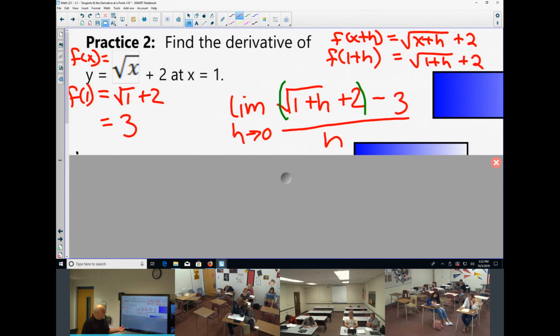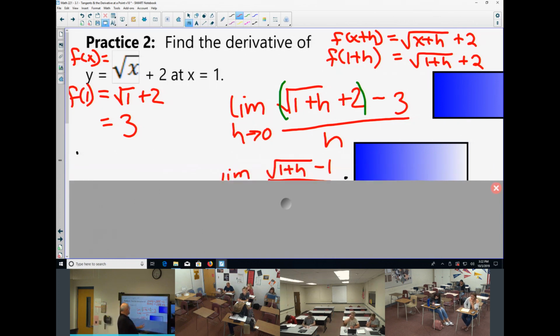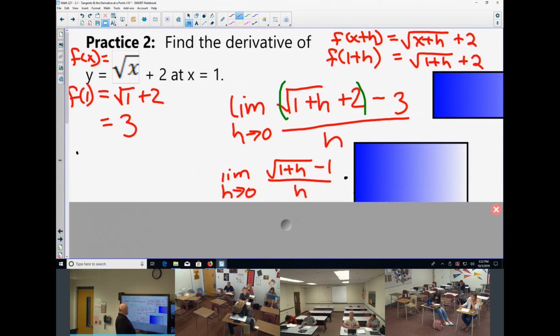So again, when you're doing these, you can't just plug in 0 for h, or you end up with 0 over 0. So you can't do that. So Hannah, what am I going to multiply this by? Well, actually, I could simplify 2 minus 3 and get radical 1 plus h minus 1. 2 minus 3 is negative 1 over h.